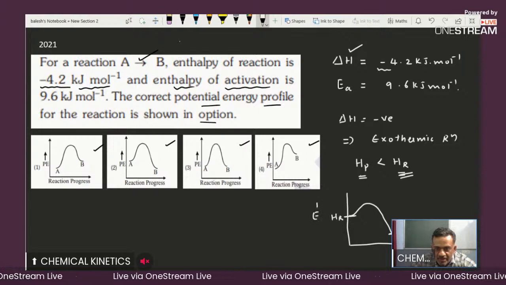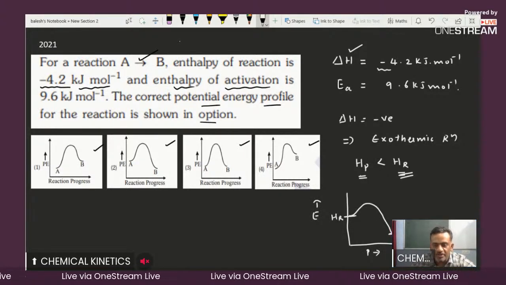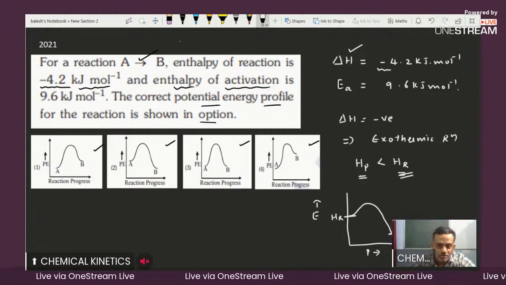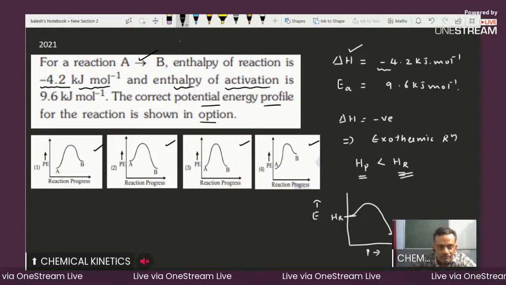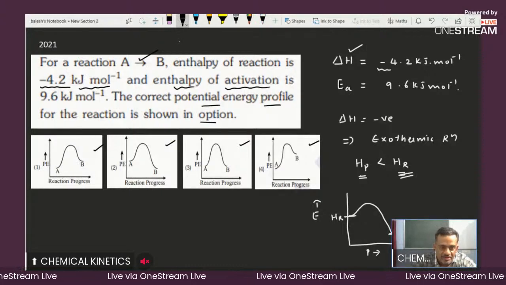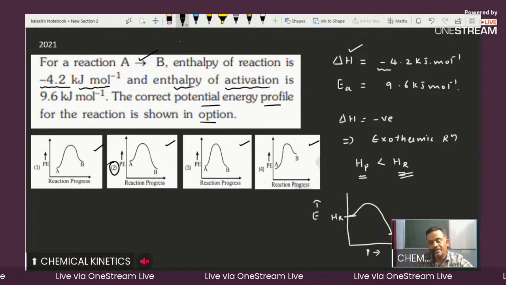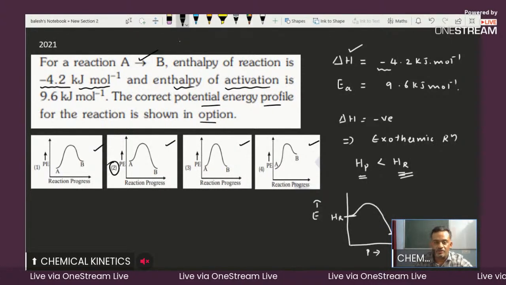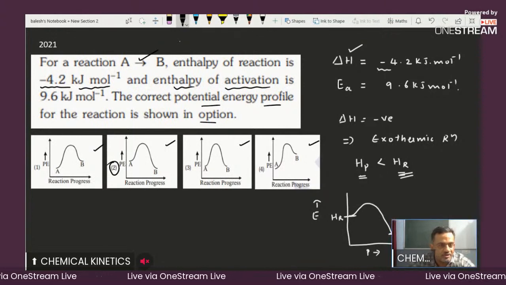So this is going to be the graph of energy versus progress of the reaction. This would be the nature of the graph because it is exothermic reaction. So which will match the first one? No. Second one will be matching. So therefore second option will be right. Just by going with value of delta H which is negative, we can figure out which graph is right. So second option will be right for this particular question.